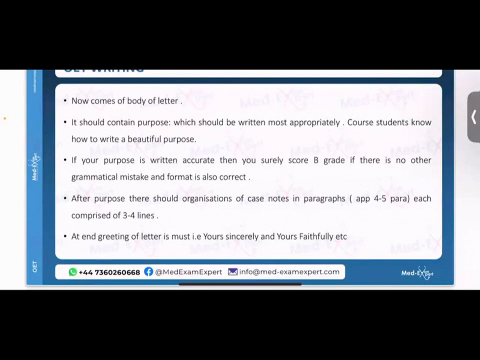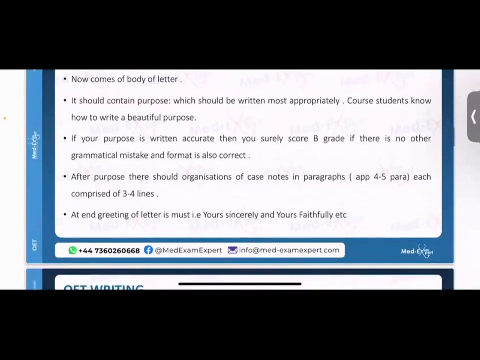And if there is anybody from our course, they should know how we can write a beautiful purpose. If your purpose is written accurately, then you will surely score grade B if there are no other grammatical mistakes and the format is also correct.